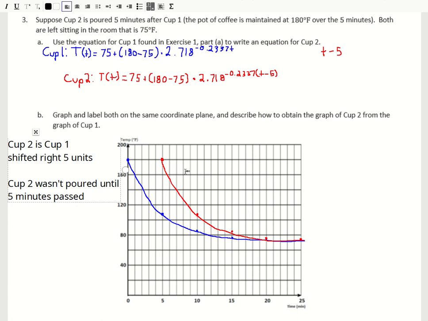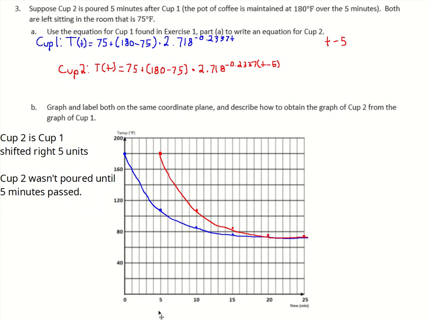It didn't exist before 5 minutes. I mean, the cup itself existed, but the cup of coffee did not exist before that point. So we start our graph here. We're not going to start our graph all the way over here.